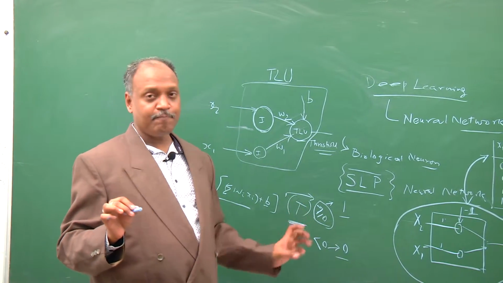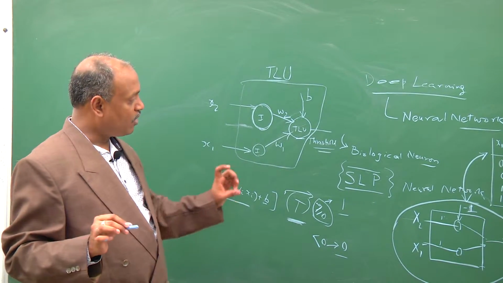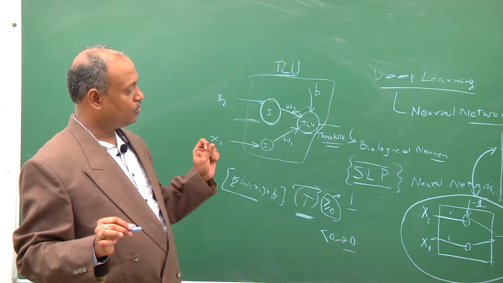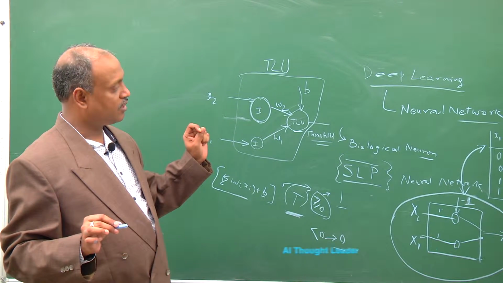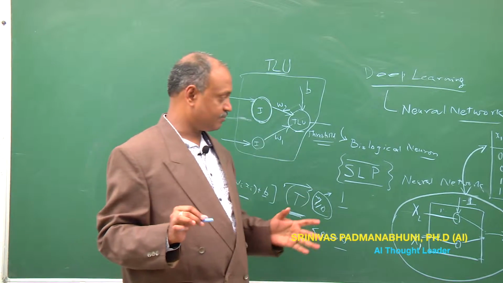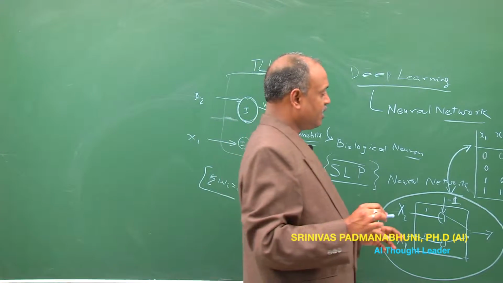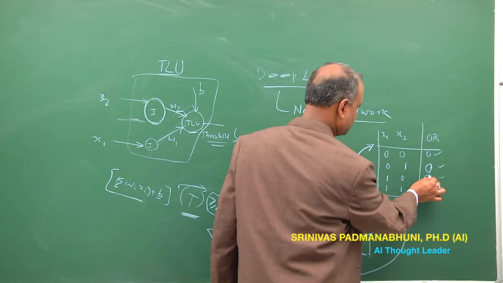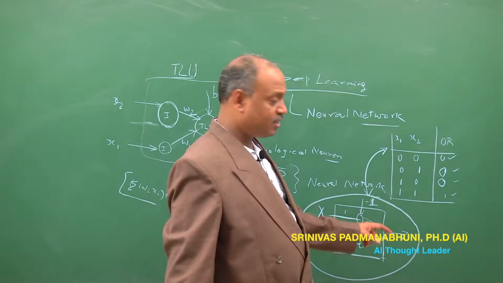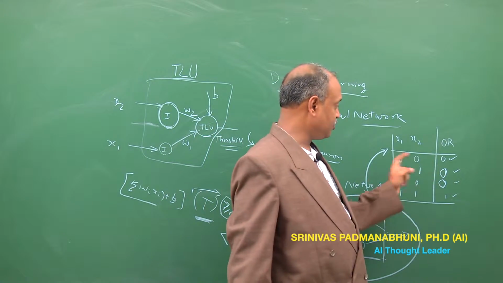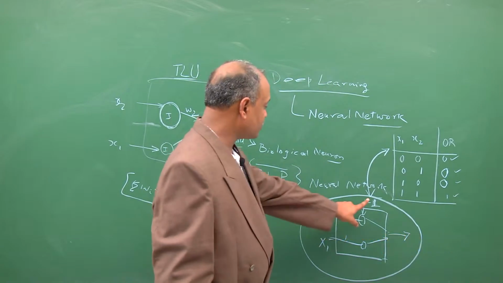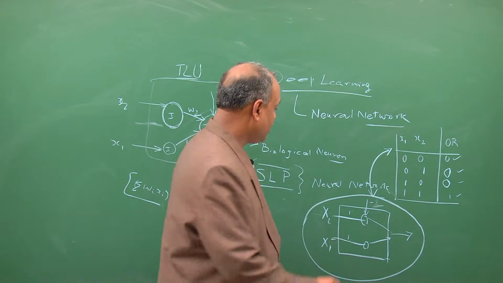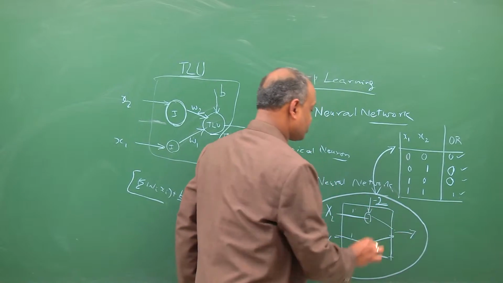We can similarly look at modifying this to create, say, an AND function. What's an AND function? The AND function would become 1 and 1 will become 1, 1 0 will become 0, 0 1 will become 0, 0 0 becomes 0. And now suppose instead of minus 1, I make it minus 2.